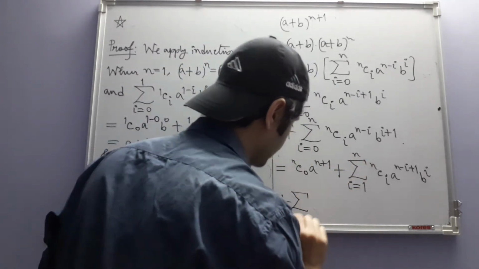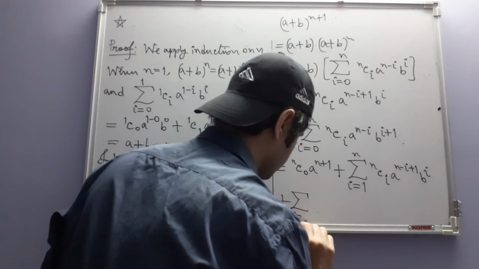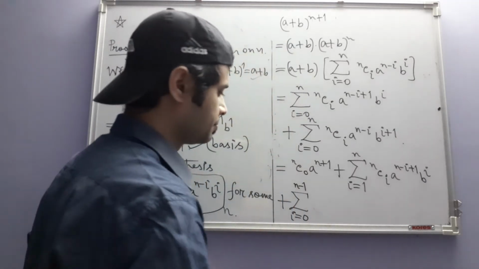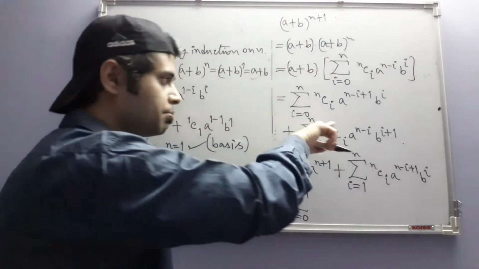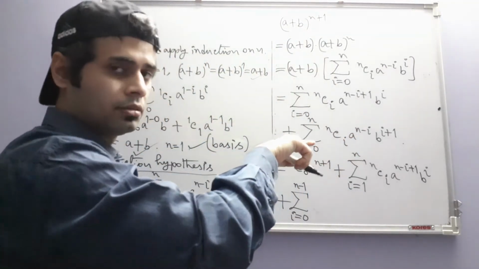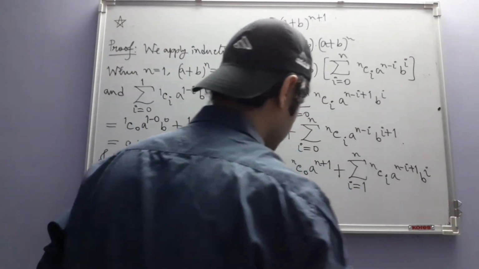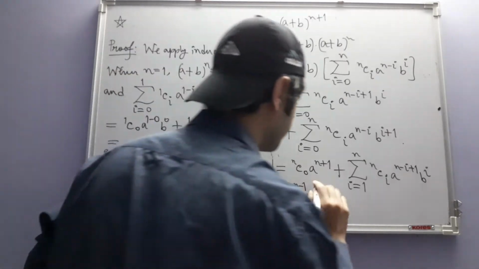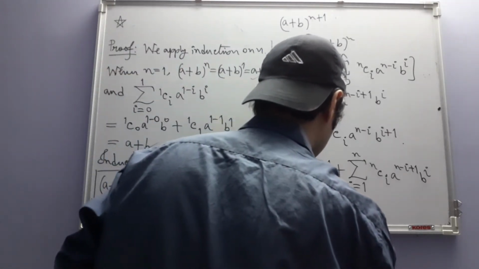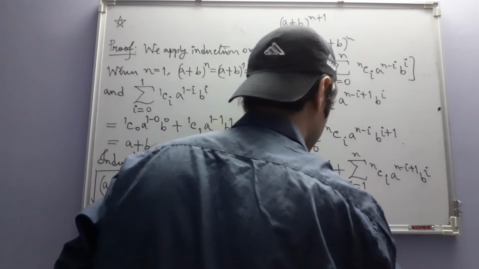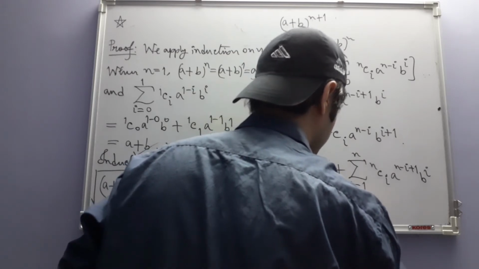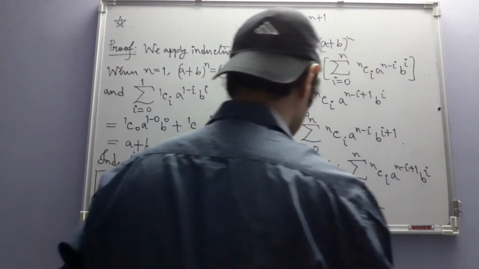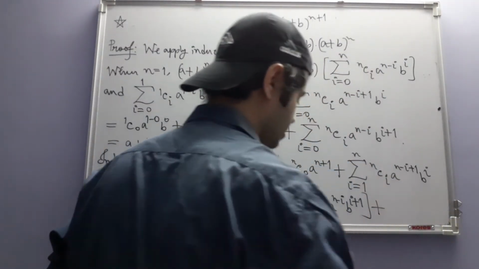So here I write i equal to 0 to n minus 1. Because if I put n, I get the last term, so I don't go till n, I stop short of n. nCi a to the power n minus i times b to the power i plus 1, plus, okay, to avoid confusion, let me write it in brackets.